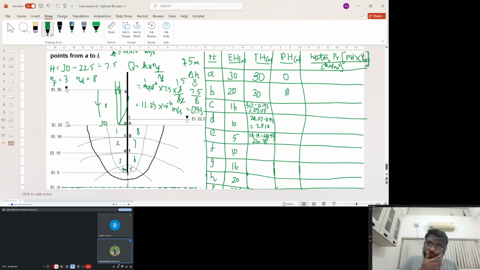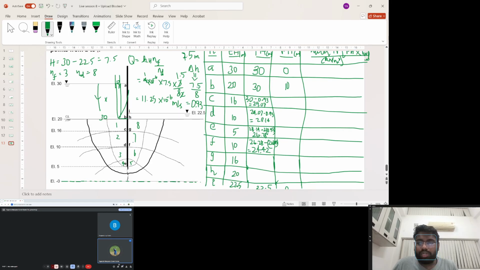Alright. Now coming to the fifth point, F. Again, the number of flow equipotential drops is 2. So again it will be 26.28 minus 2 into 0.93, which gives us 24.42.